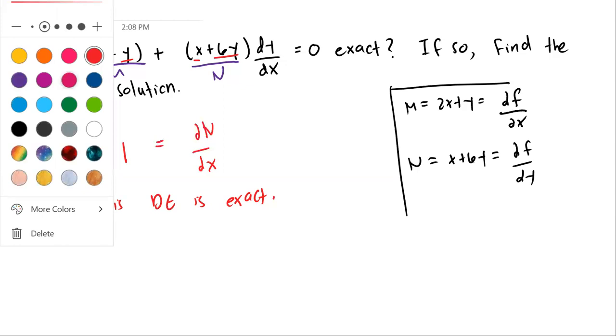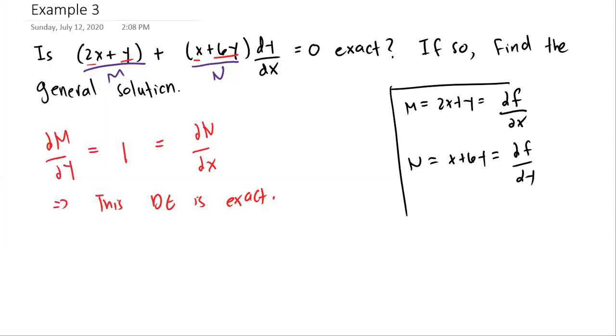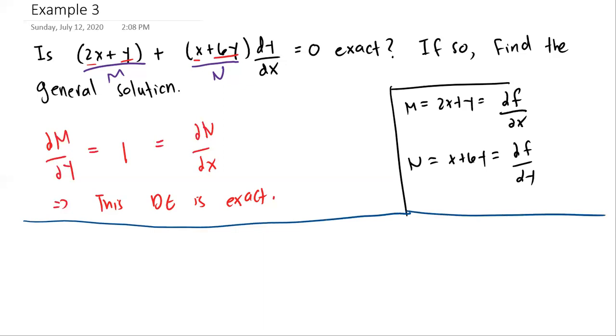Using the first assumption, we know that M, in our case 2x + y, is the partial derivative of our function with respect to x. So let's integrate 2x + y with respect to x. We get x squared plus xy.